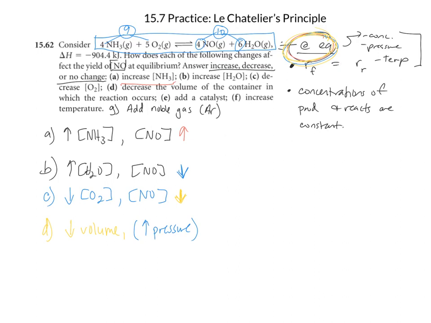It increased, it wants it to go back down so it can get back to equilibrium. So it's going to take the side with more moles and get rid of some of those. Equilibrium is going to shift to that side. So as pressure increases or volume decreases, equilibrium shifts to the side with fewer moles.